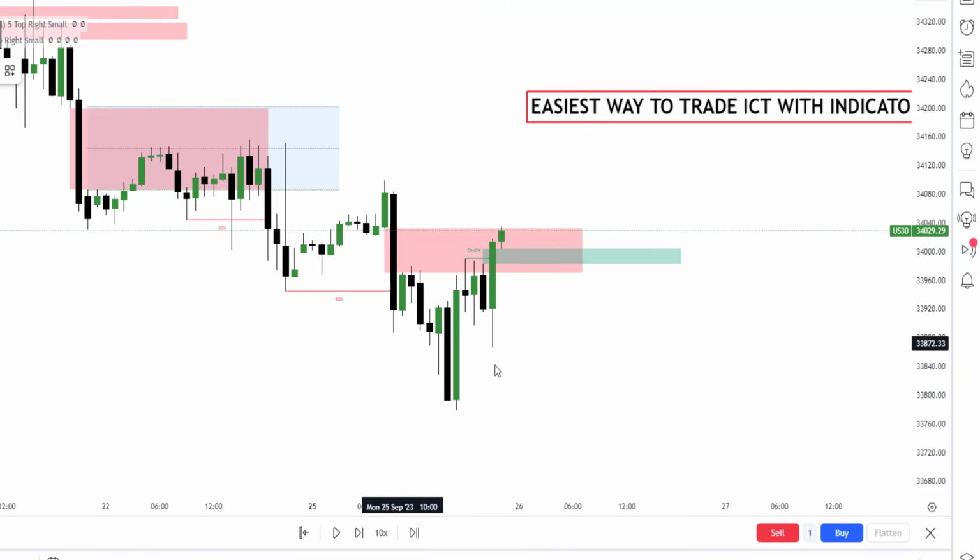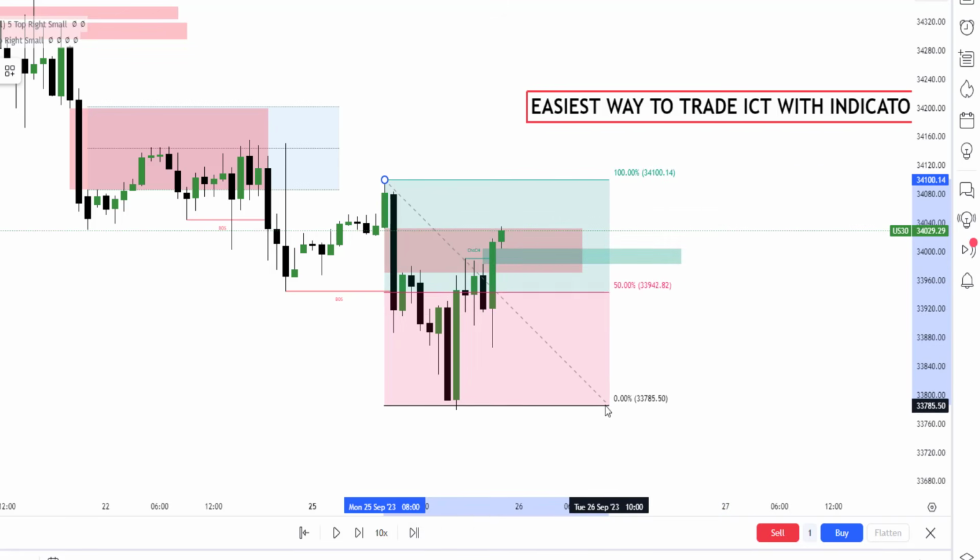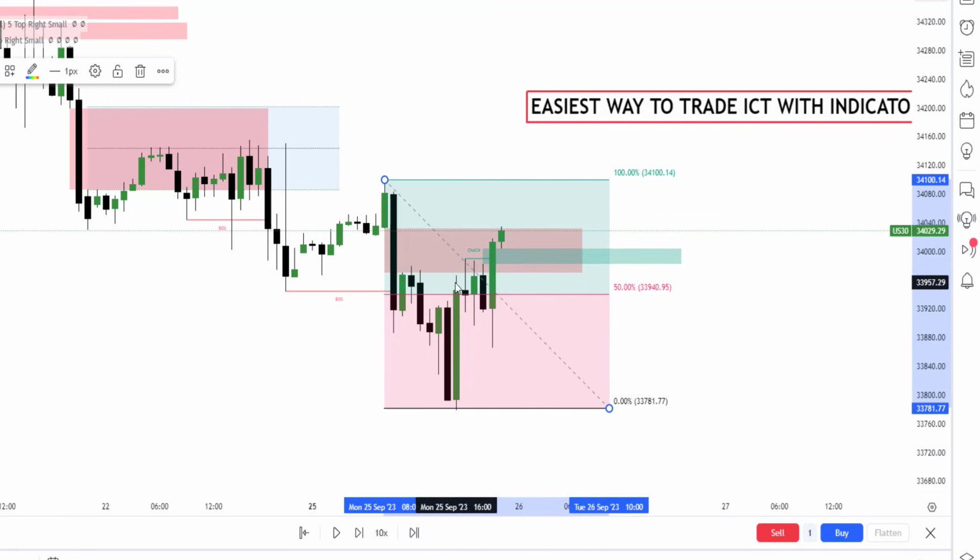You're not going to be taking trades in any fair value gap in the discount area, rather in the premium, since we have a bearish movement. And this is it. You put your FIB level here and then put it right here. Above here is premium, and that is our point of interest. That is where we will look for an opportunity to get into a trade.